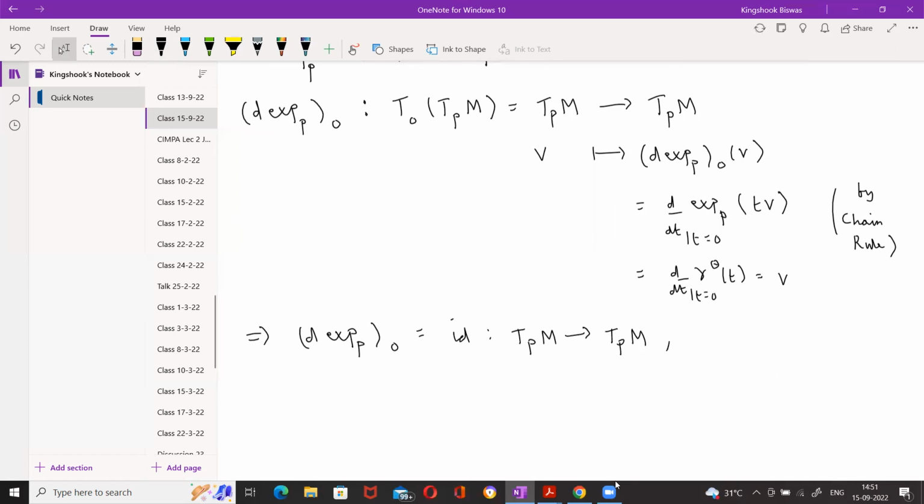In particular, the derivative is invertible.